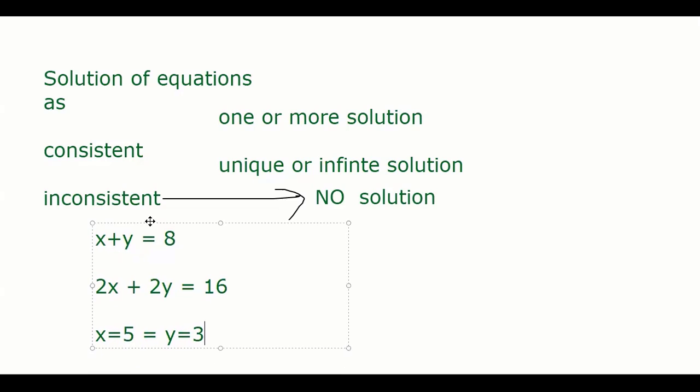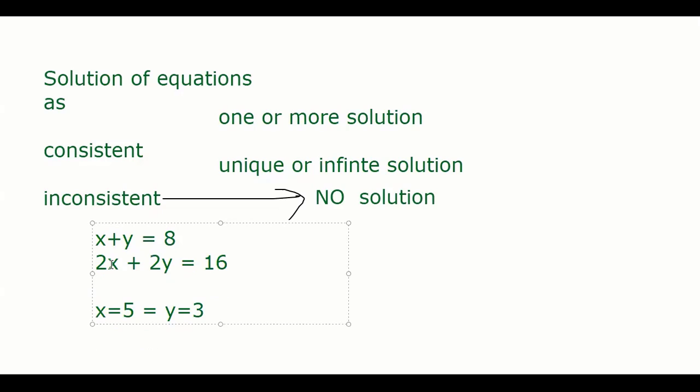Or if x equal to say 6, y equal to 2. Substitute करके देखो. You get infinite solution. x equal to 7, y equal to 1. Means what? This system of equation is still consistent, but they have infinite solution. Means two lines are coincident. एक ही लाइन के ऊपर दूसरी लाइन है.